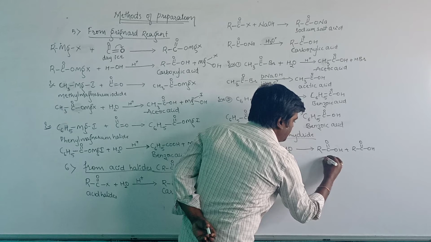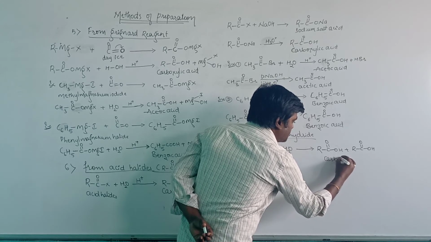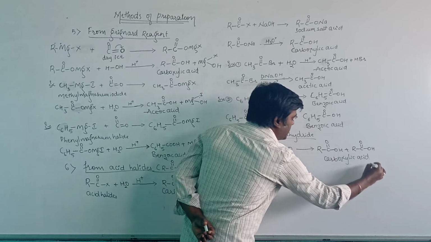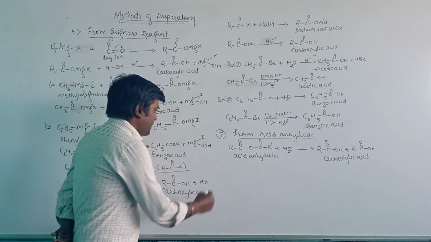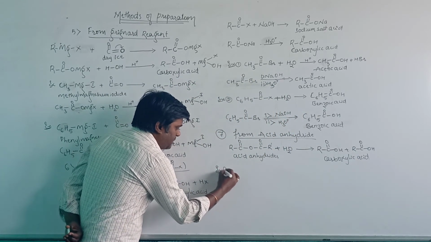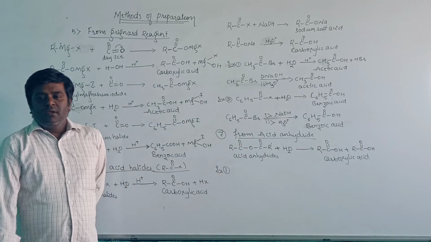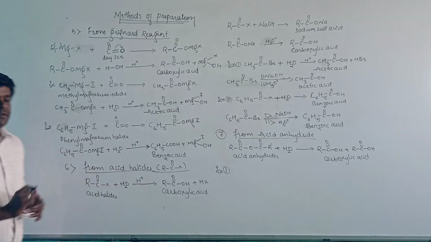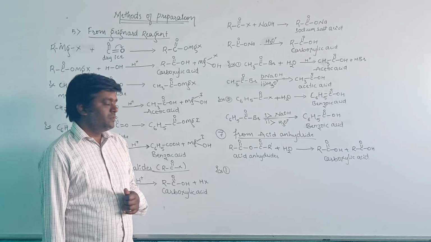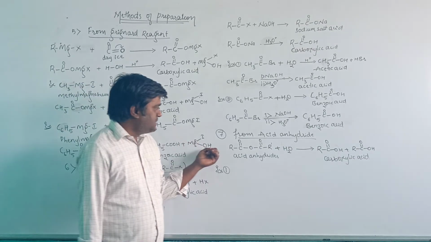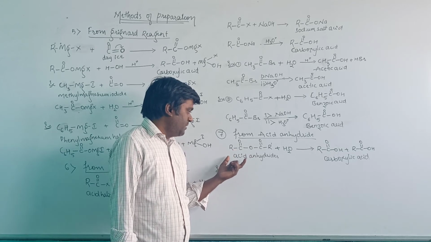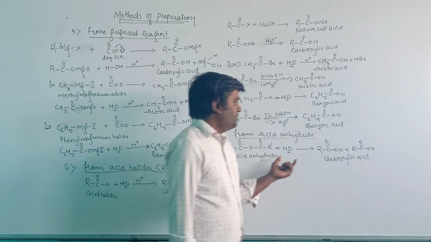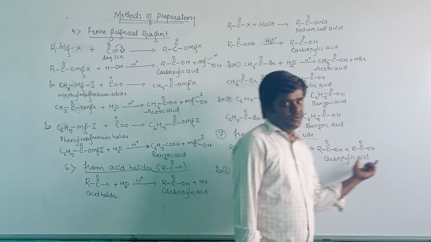The main product will be the carboxylic acid here. The seventh method is from acid anhydride, that is when acid anhydride undergoes hydrolysis, it will produce the carboxylic acid.